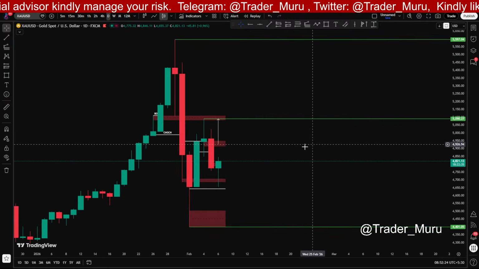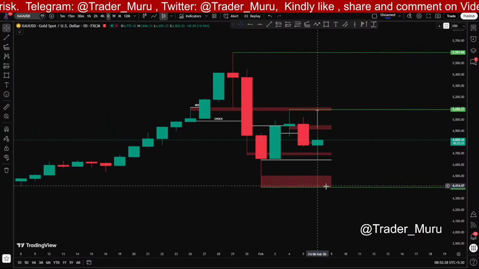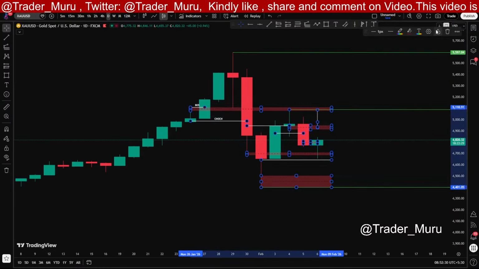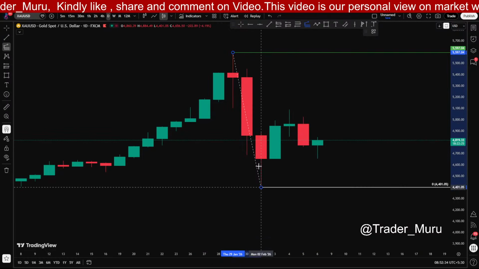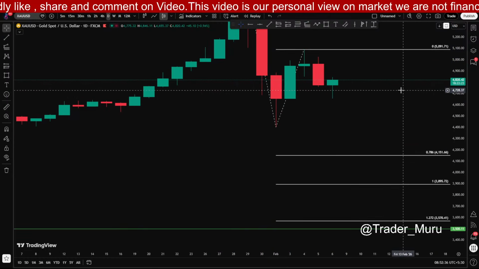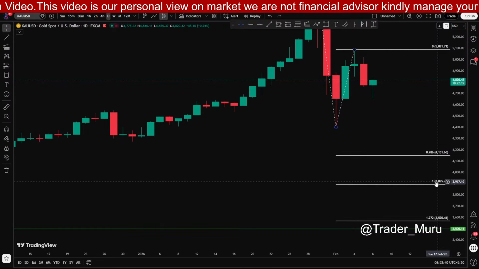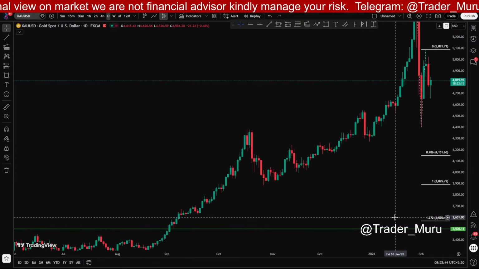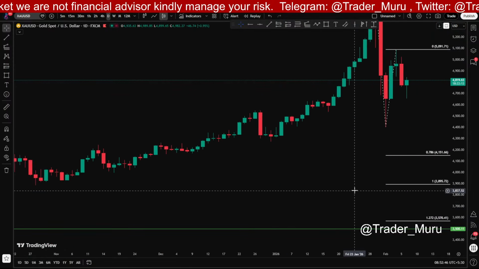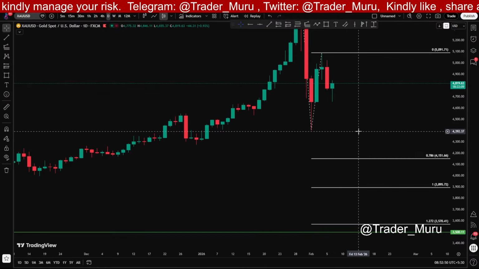Same thing here: if price drops from here and breaks this low, then the target will be first 3895, second 3570. So these two areas will be targets in case we have a break of this low.